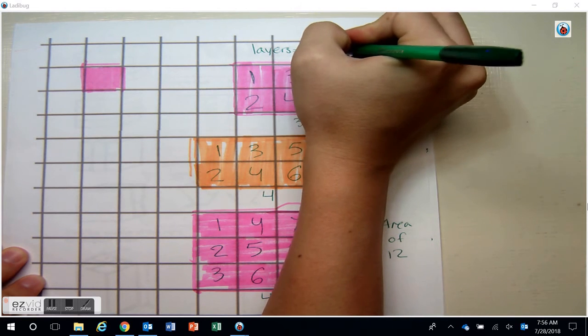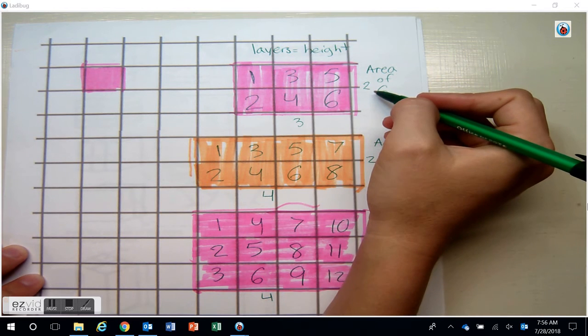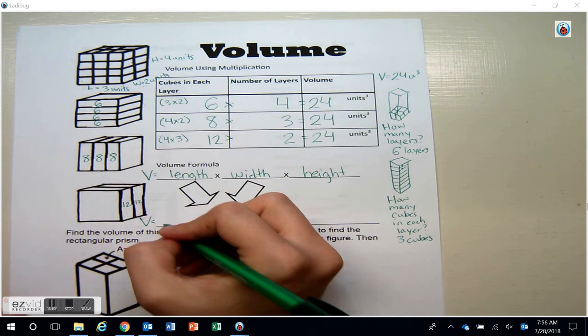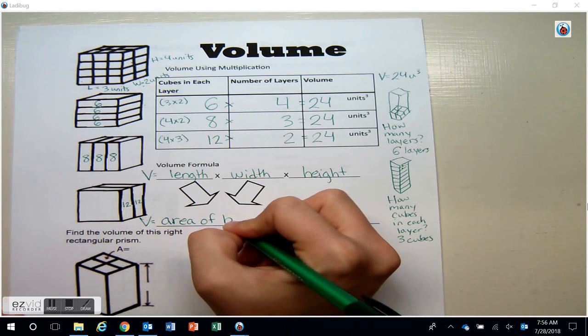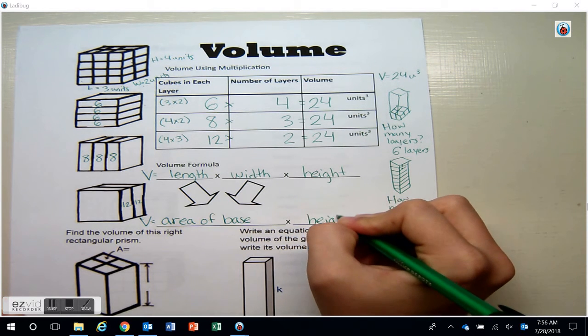If you noticed, we multiplied length times width, and we got those 6 cubes. Well, those 6 cubes then we multiplied by how many layers? Well, guess what? Layers are the same thing as height.